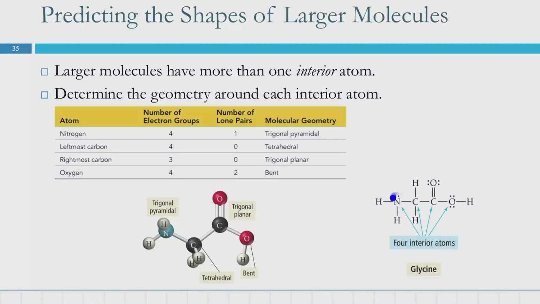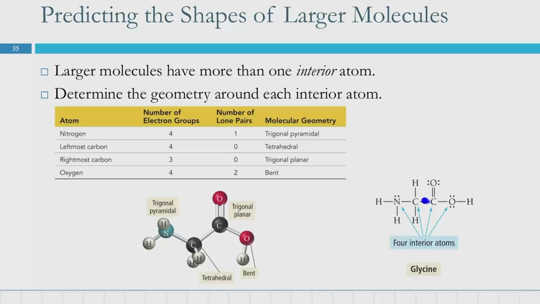Our nitrogen here on the left has 4 electron groups. Our carbon has 4 electron groups. Our other carbon has 3 electron groups. And our oxygen has 4 electron groups. So 4 for our nitrogen, and one of them is a lone pair, so this has trigonal pyramidal geometry.